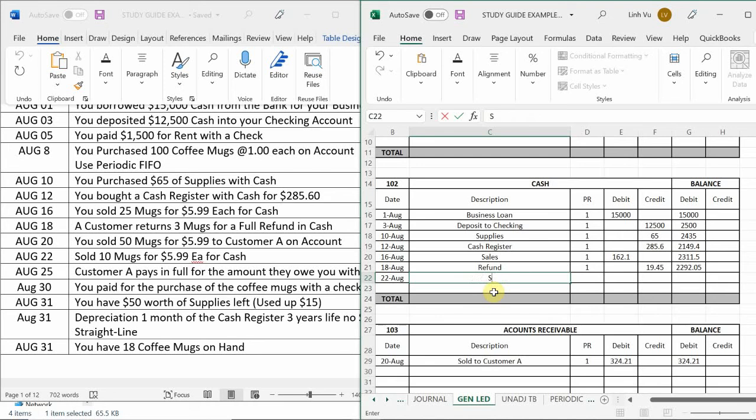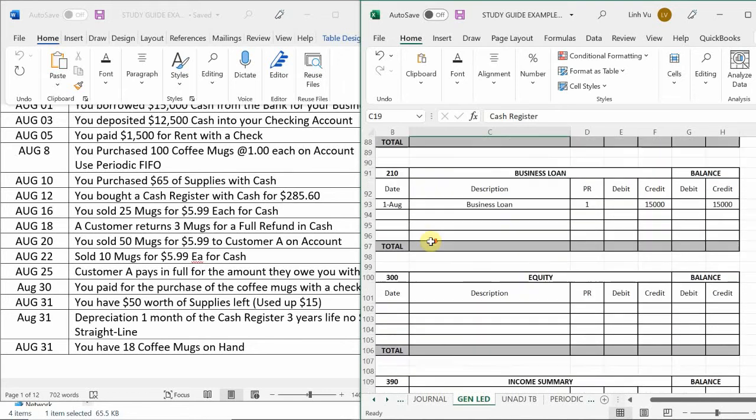Oh, I did write sales. Okay, we're on page 2, and we received $64.84. So therefore, you should have now $2,356.89.